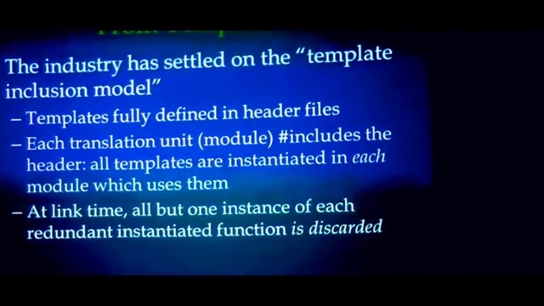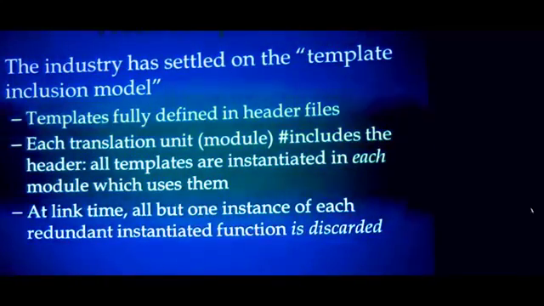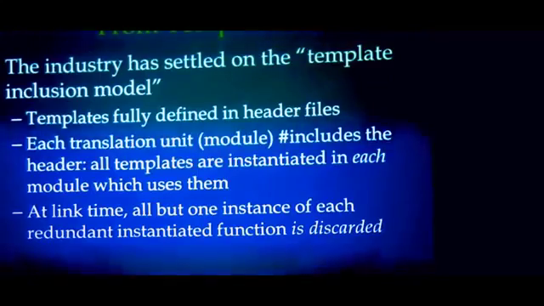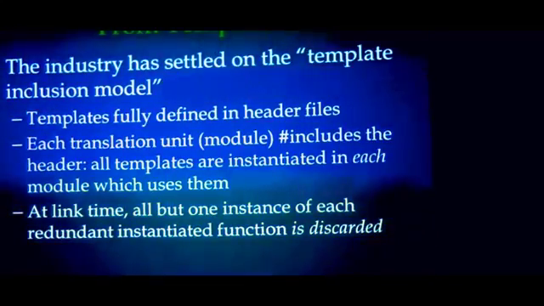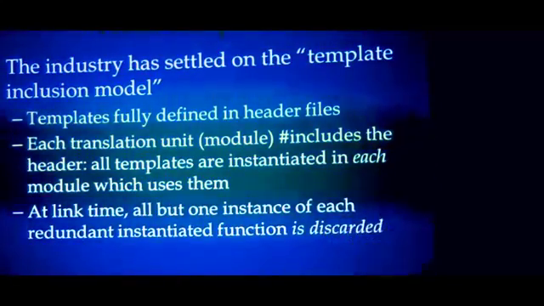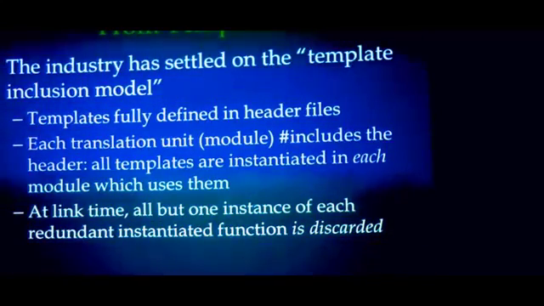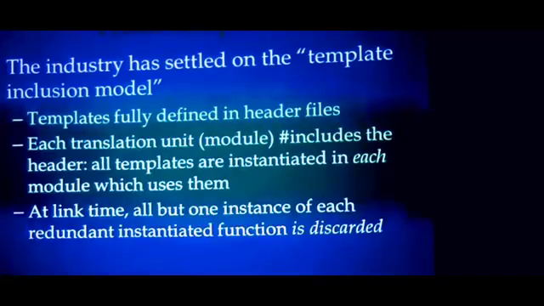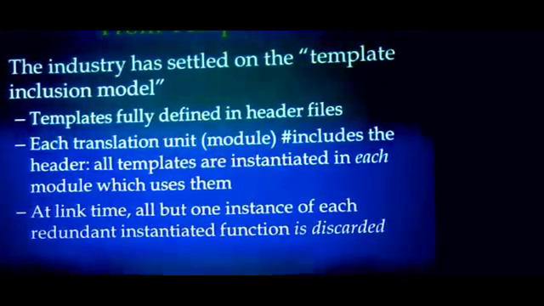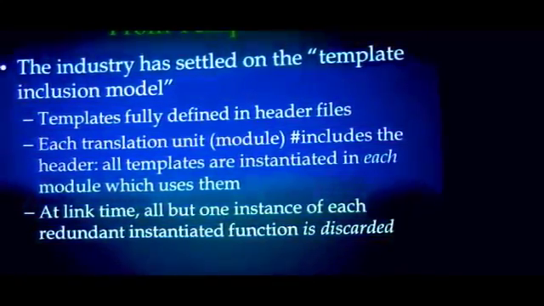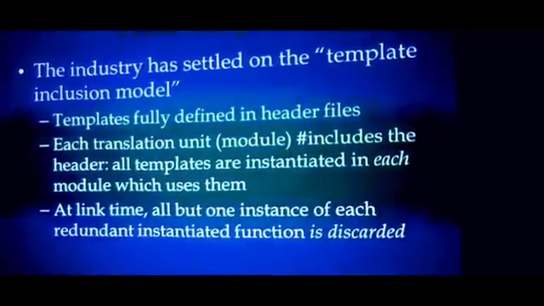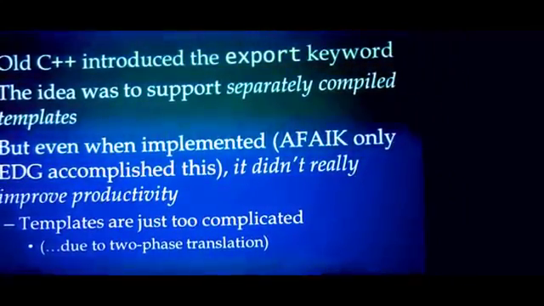And then the linker will see duplications and throw all but one away at link time. And that's not real efficient. Yes, there are precompiled headers and optimization tricks. Compilers have tried to address this, and it's been somewhat successful, but it's still a fundamental problem.